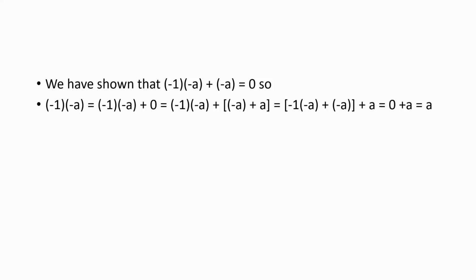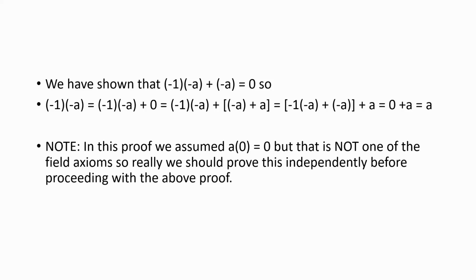And using the associative law, that's equal to -1 times -a plus -a all plus positive a, which equals 0 plus positive a equals a. And that completes the proof. And as I said before, we are assuming that a times 0 equals 0, which isn't one of the field axioms, but we'll let that one go. So that takes care of that.